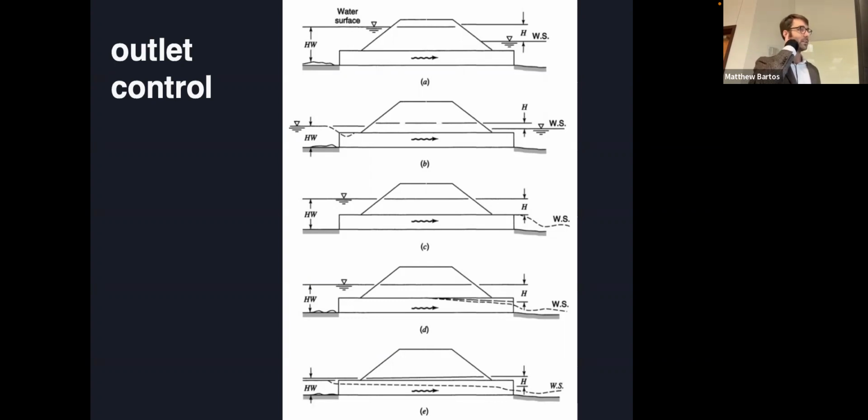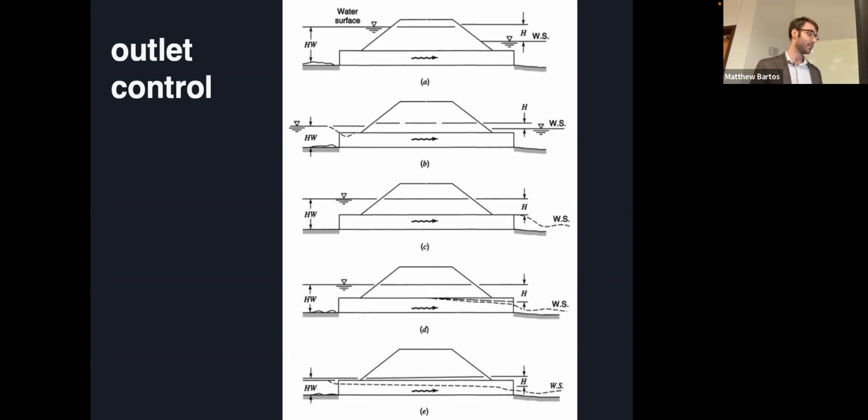Situation B, you have that the exit is submerged, the inlet is unsubmerged, but you still have subcritical flow throughout the culvert. For C, you have that the inlet is submerged, the outlet is unsubmerged, but you still have subcritical flow throughout the culvert.